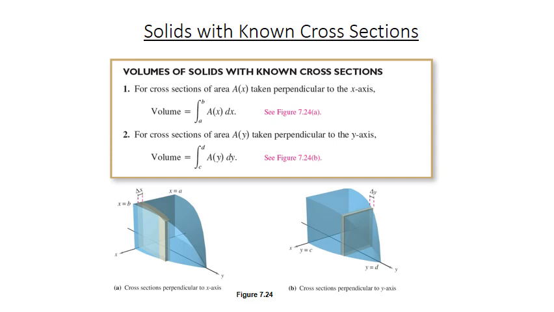It could be a triangle slice, a square slice, or a semicircle, all these different shapes. And what I want to do is identify what type of shape that cross section is. So what shape is the cross section?